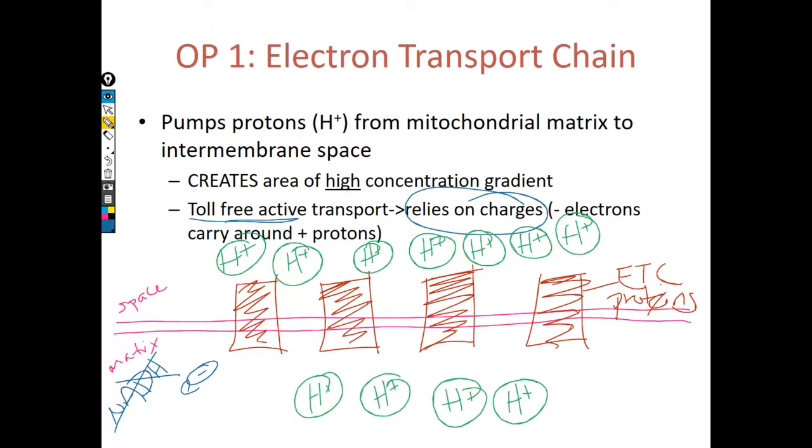I have protons. Now I have an electron. This is why the smuggling works. As my electron passes into here, it's going to take a proton with it.